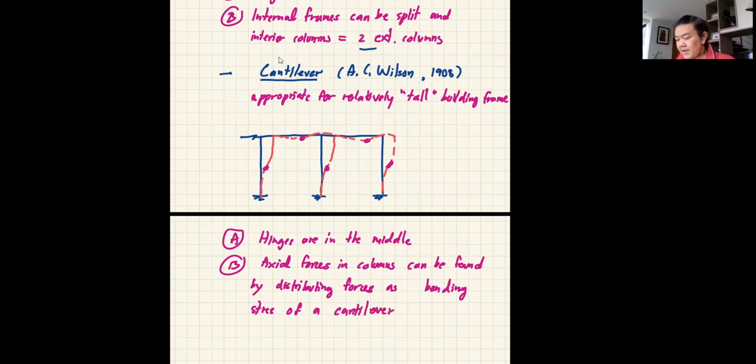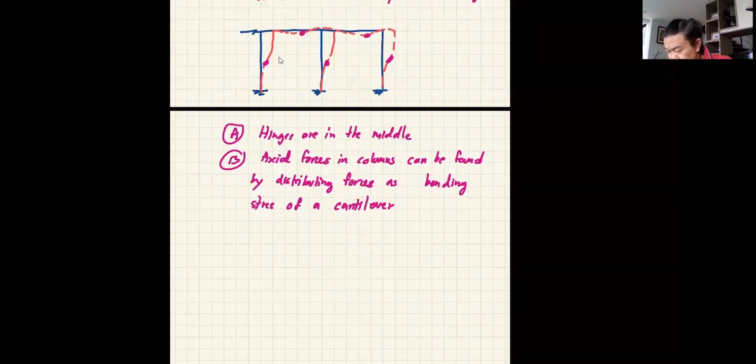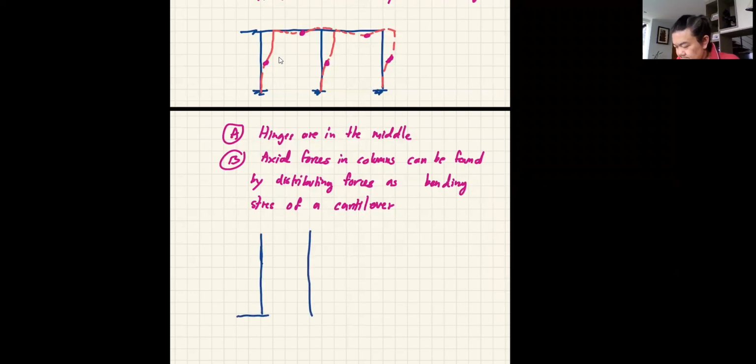Okay, so here we can look at this building as a cantilever beam. And like this. So I can easily draw it like this, correct?